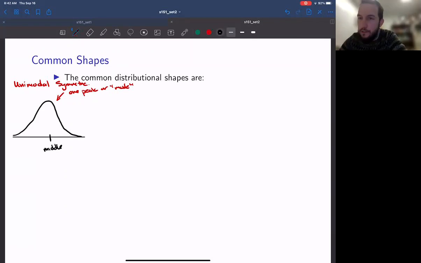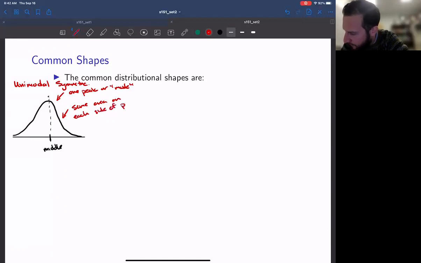And the amount of area on each side of the middle, or on each side of the peak, is about the same. Same area on each side of peak.